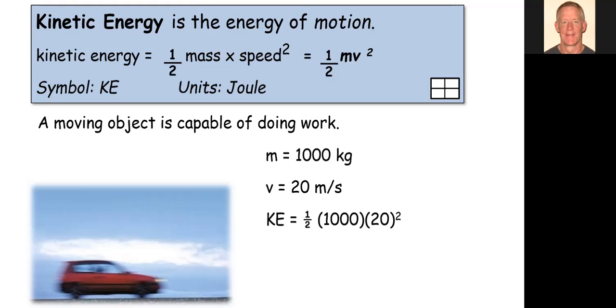So let's plug it in: 1/2 times 1,000 times 20 squared. The only thing to be careful of when calculating kinetic energy is to make sure you square the velocity first, then multiply it by the mass, and then divide by 2. If we do that, we see that this moving car would have 200,000 joules of kinetic energy.